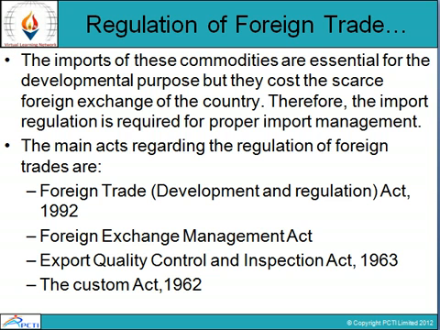Therefore, the import regulation is required for proper import management. The main acts regarding the regulation of foreign trade are Foreign Trade Development and Regulation Act 1992, Foreign Exchange Management Act, Export Quality Control and Inspection Act 1963, and last is the Custom Act 1962.